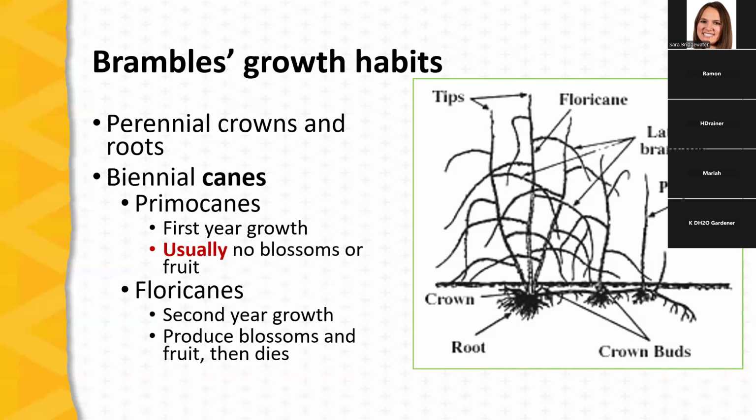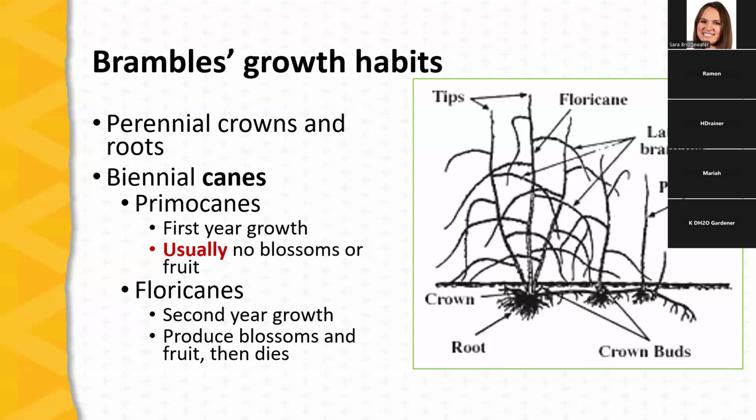Most of them do not produce flowers and fruit in the first year, and that's what we call primocanes. Primocanes are the first-year growth and usually do not produce flowers and fruit. There are exceptions, and we're going to go over those later on. Then in the second year of growth, those primocanes become floricanes because they produce flowers and fruit. After you harvest, those canes die at the end of the season.